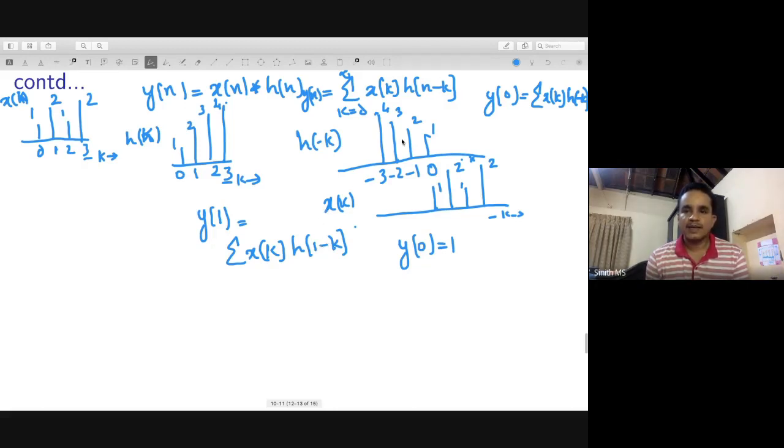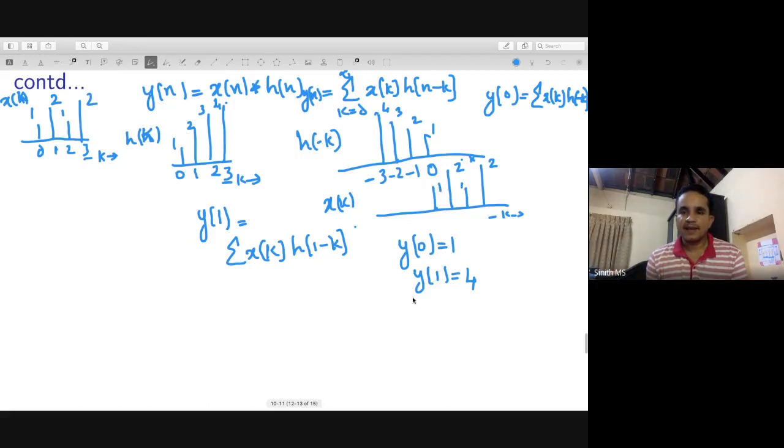So this will get right shifted by 1. So you'll have 1 into 2 and 2 into 1, which will be added together to get 4. So y of 1 is 4: 2 into 1 plus 2 into 1, which is 2 plus 2, 4.